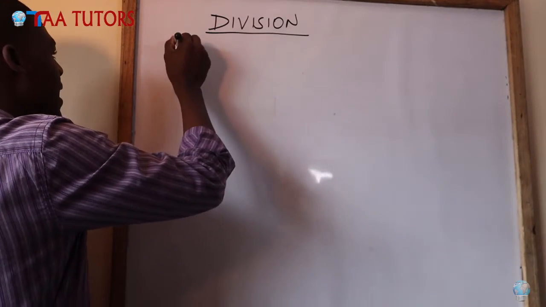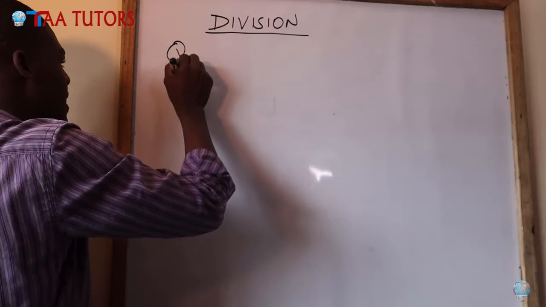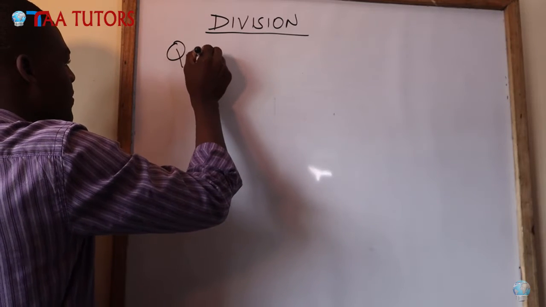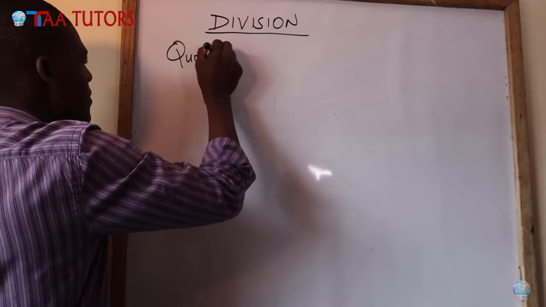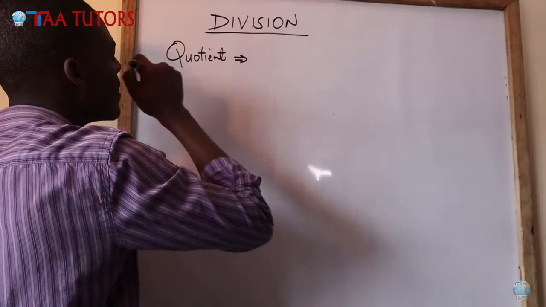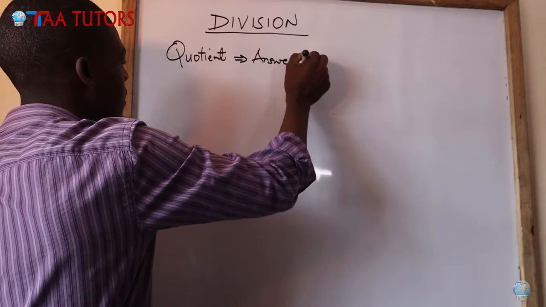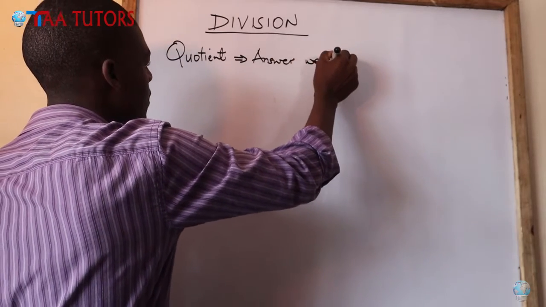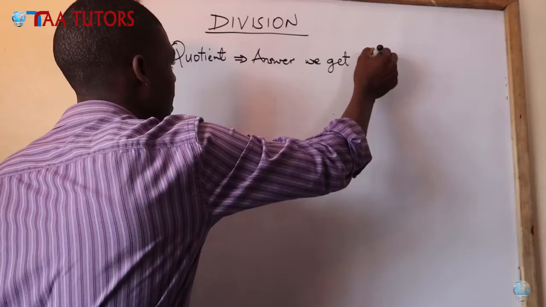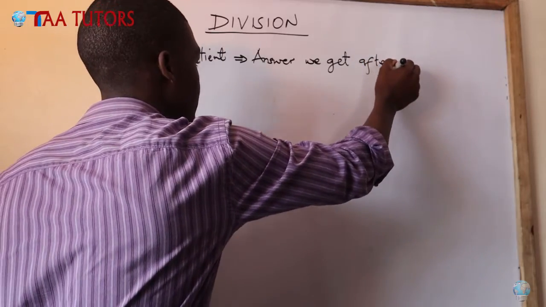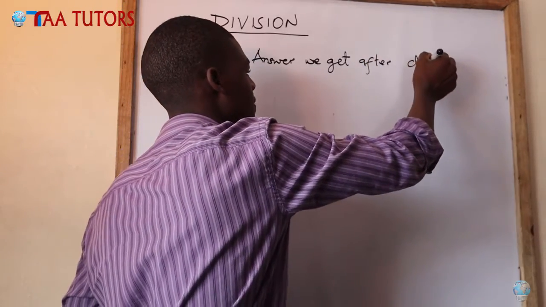in division we will have a term known as quotient, and this quotient is the answer we are getting after we've carried out the operation, which is division.